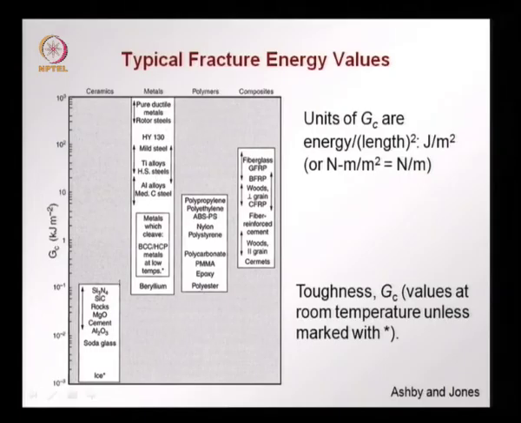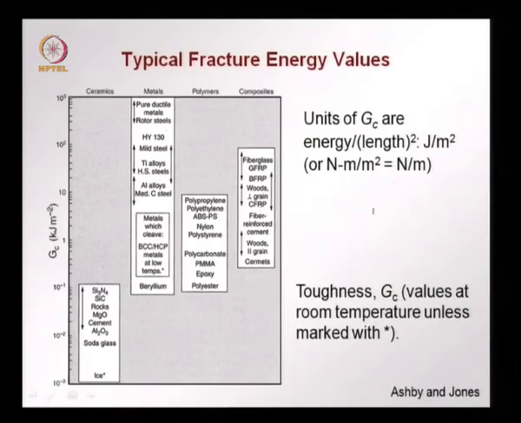So, again we find that these materials fail in a brittle manner, these materials will not fail in a brittle manner and would rather yield. Polymers are somewhere in the middle. We have epoxies at the bottom and less brittle polymers at the top like polypropylene, and composites again in the middle.